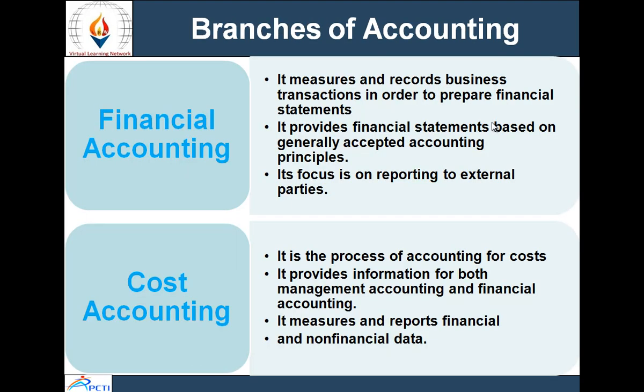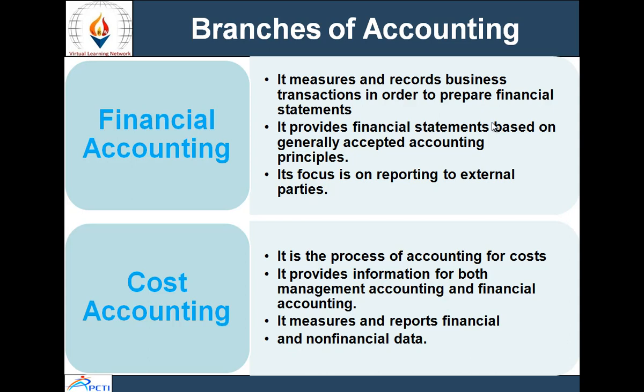Branches of accounting. Number 1 is financial accounting. The purpose of this branch of accounting is to keep a record of all financial transactions so that, A, the profit earned or loss incurred by the business during an accounting period can be worked out.